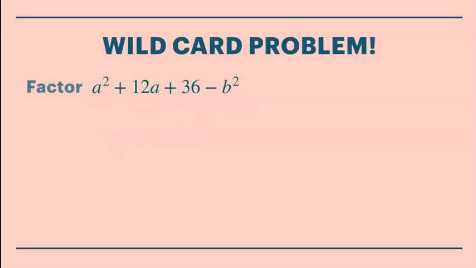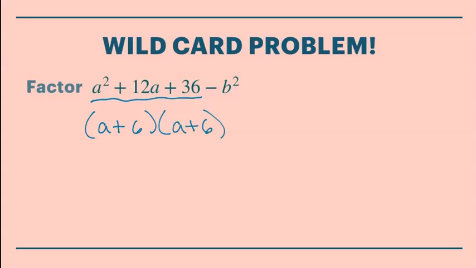I'm going to show you this just for fun. This is not factoring by grouping necessarily. This is just looking at a different kind of grouping. So I'm going to look at these first three terms. These first three terms are a trinomial, and I can factor them. When I factor this trinomial, I get a plus 6, a plus 6.